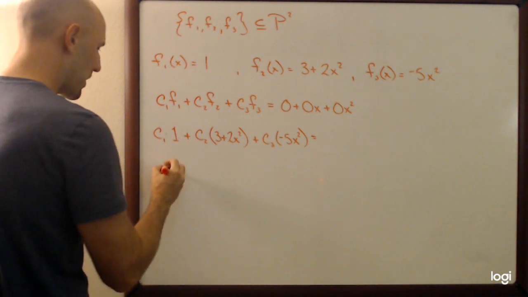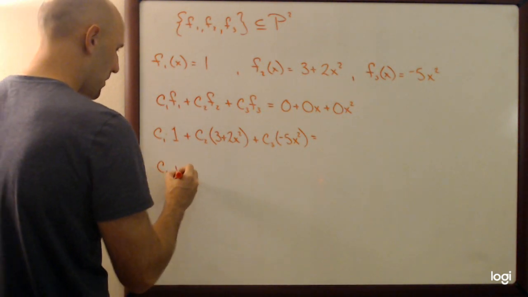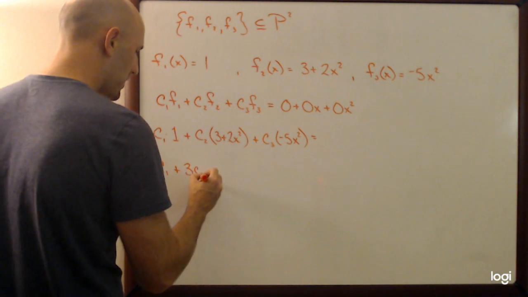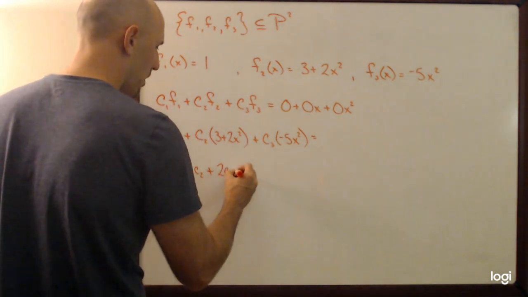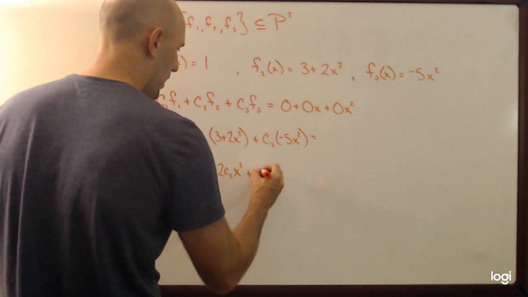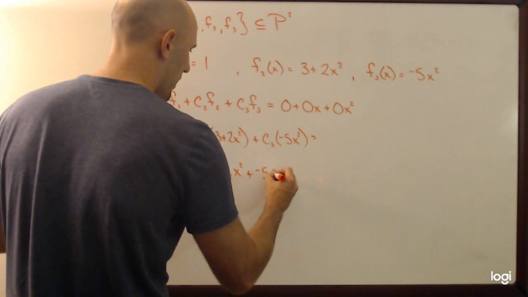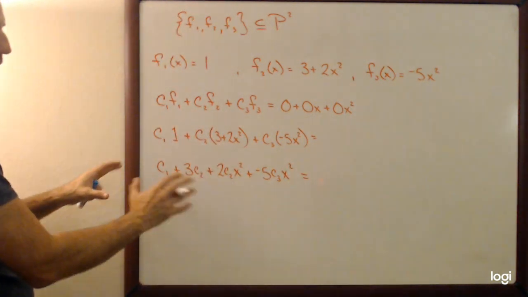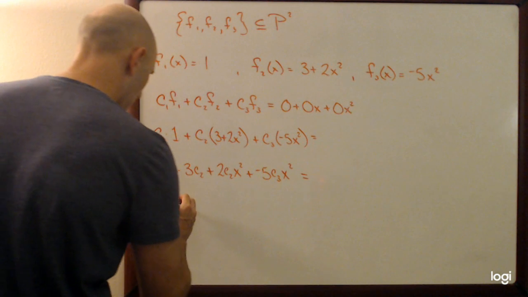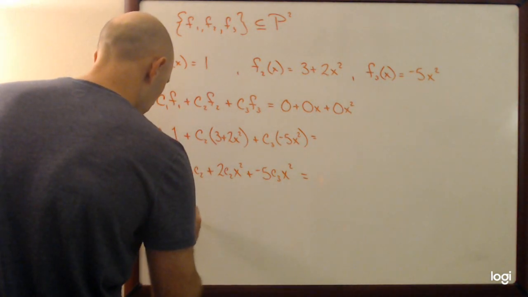Let me distribute. I got C1 plus 3C2 plus 2C2x squared plus negative 5C3x squared.